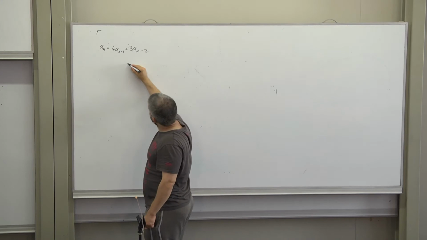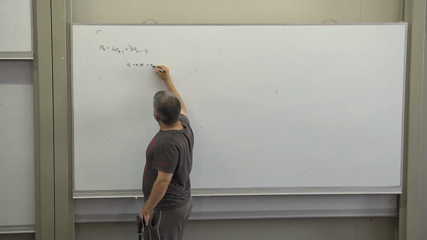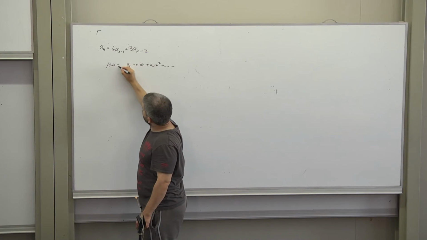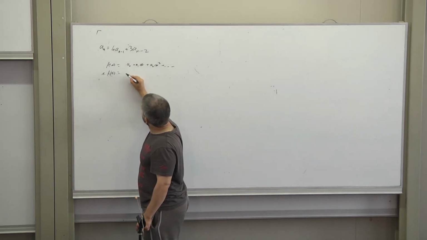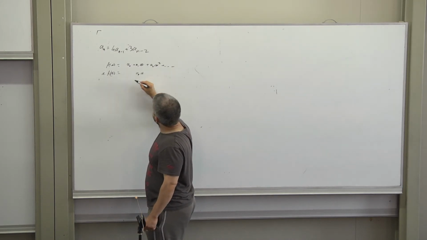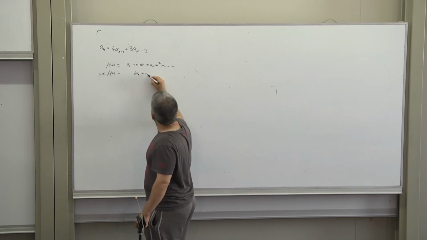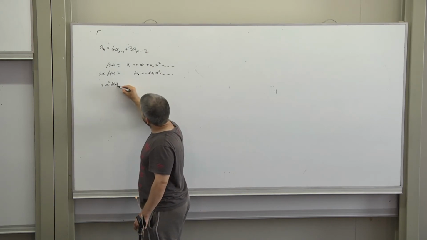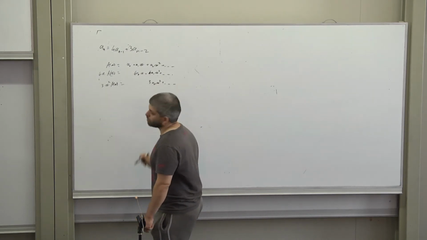So, okay, we have a0 plus a1 x plus a2 x squared plus dot dot dot. I'll call this A(x), right? Then 4x A(x) is 4 a0 x plus 4 a1 x squared plus dot dot dot, and 3x squared A(x) is 3 a0 x squared plus dot dot dot.